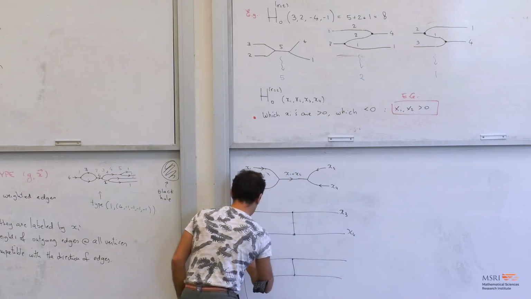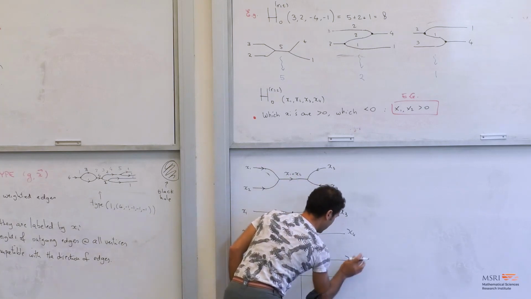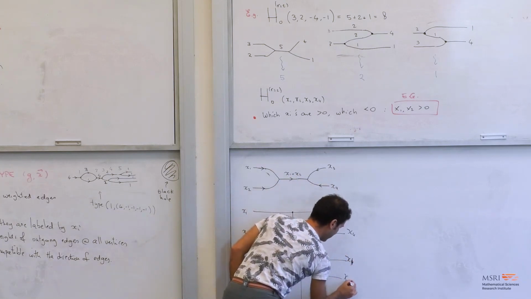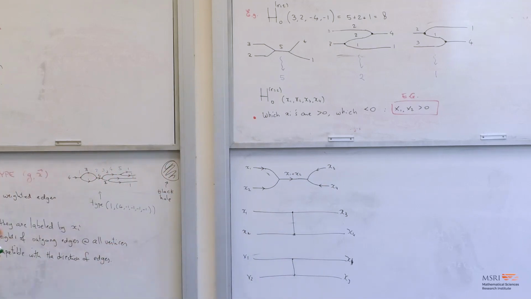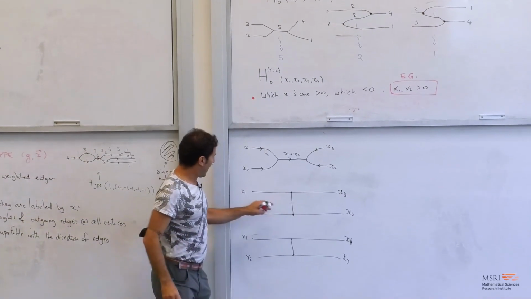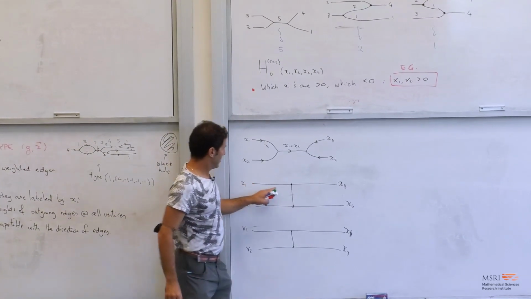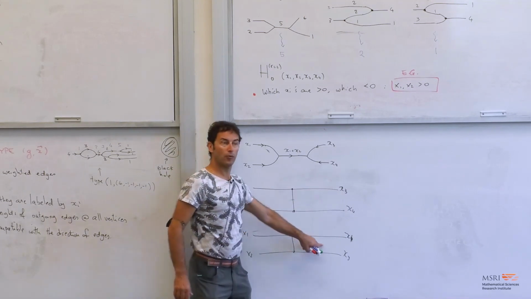In this case, x1, x2, x3, x4, x3. Right? So in principle, I have two possible graphs. One where I have a vertex which is joining x1 and x3. The other one where I have a vertex joining x1 and x4.